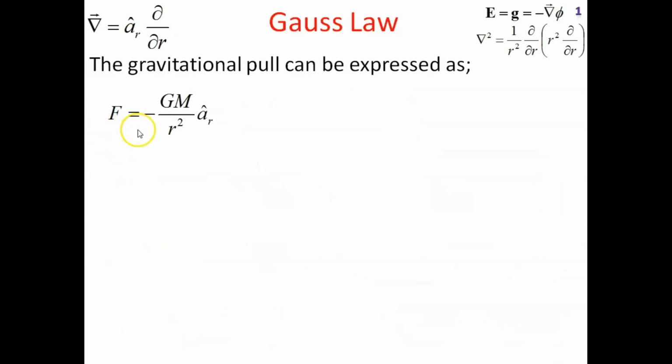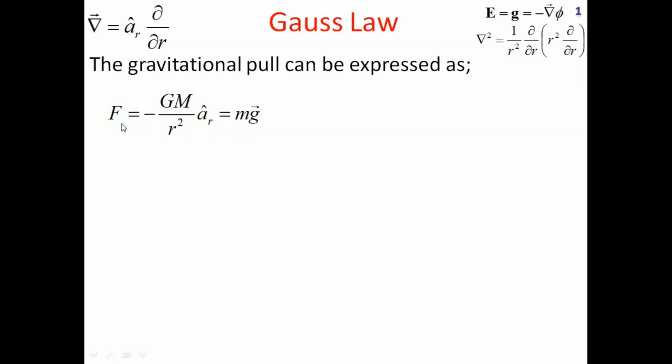Now F bar is equal to minus GM upon r square. This is the gravitational force, and it can be equated to m g bar, where g bar is acceleration due to gravity and m is the mass of the object which is falling under gravity. The gravitational force is directed towards the center of the gravitating object.